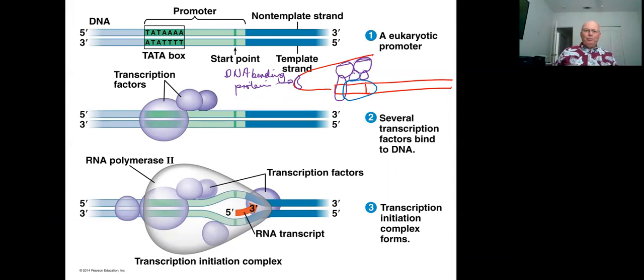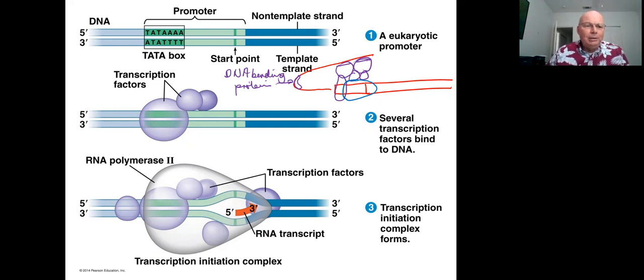So it's a little bit more complicated, but that's because the level of control over transcription in eukaryotes is substantially more complicated. And the reason why is because many genes in eukaryotes function as families, but the genes are not located near each other or organized into operons as they are in bacteria.